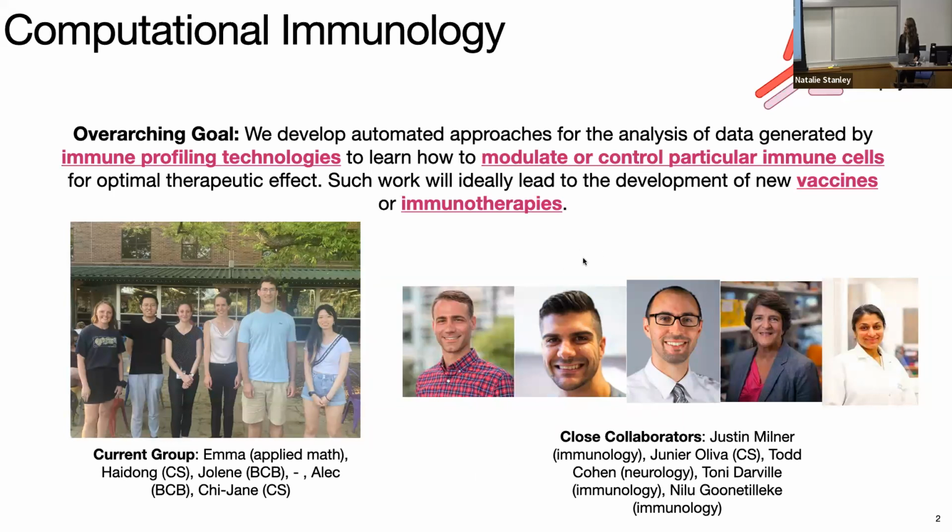This is Junior, who helps with a lot of the machine learning work. Todd helps with neurodegeneration. Tony is a pediatrician that focuses on women's health and sexually transmitted infections. And Nilu works on HIV and HIV vaccines. So I'm going to be highlighting work from many of these collaborations today.